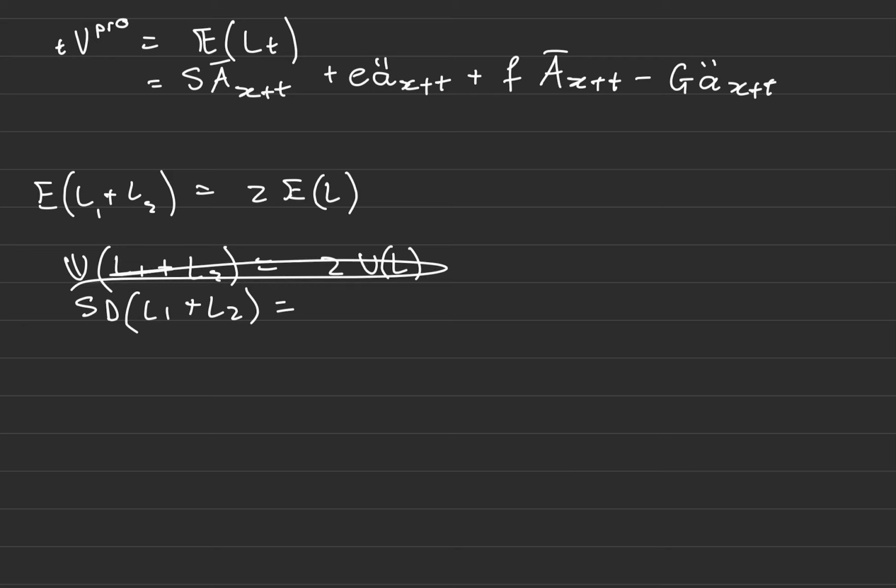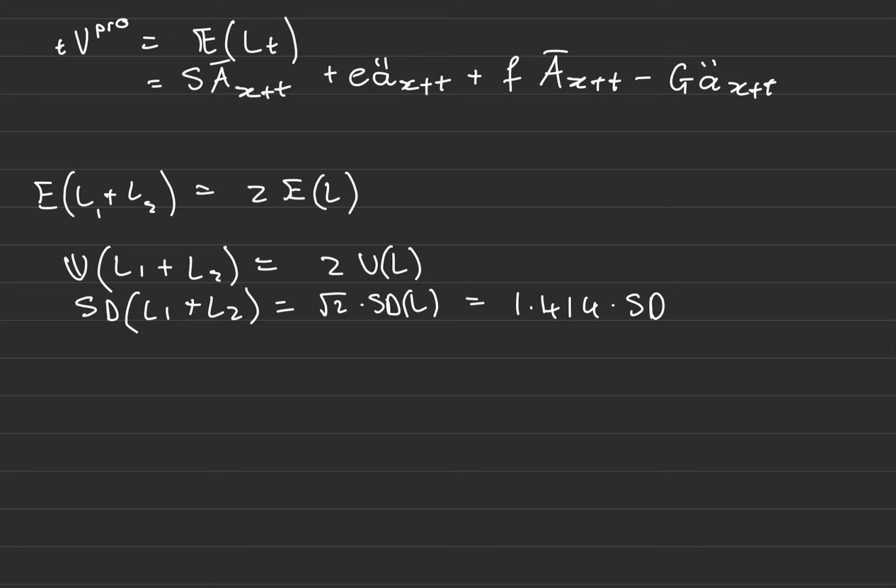So I root both sides and I get root 2 times the standard deviation of L, which is 1.414, etc., times the standard deviation of this loss. Okay, so now you can see that the probability of making a loss will be smaller, so less reserves need to be held.